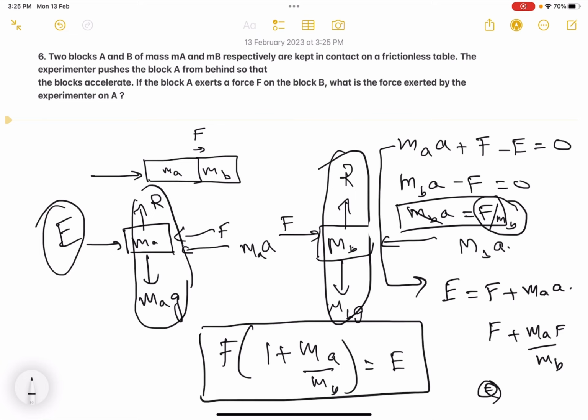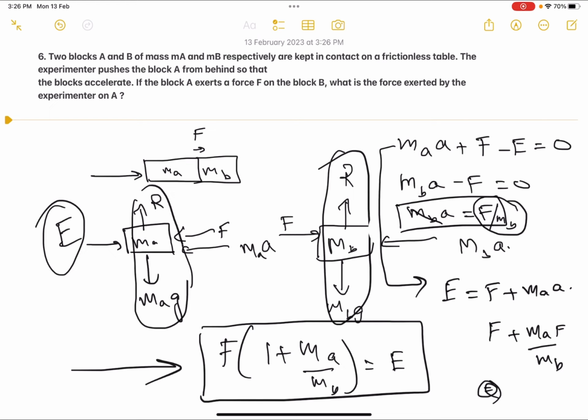So the force exerted by the experimenter on A is basically F of 1 plus MA by MB. So this is the final answer.